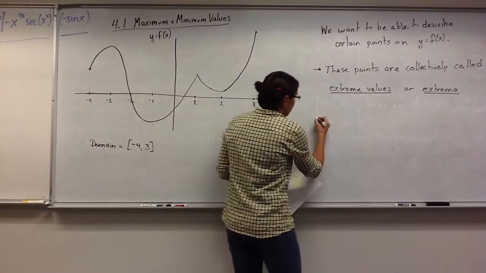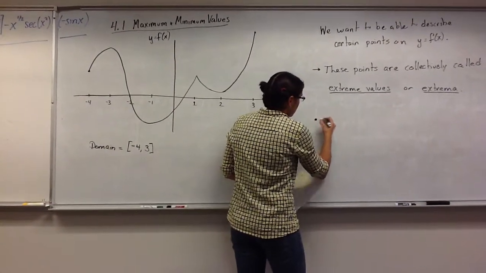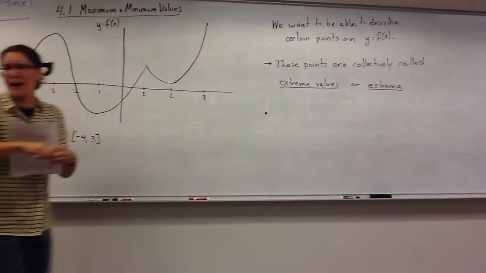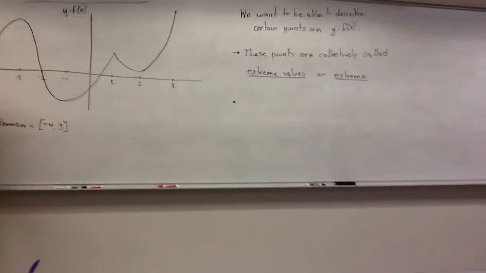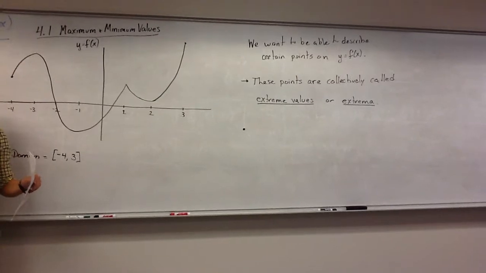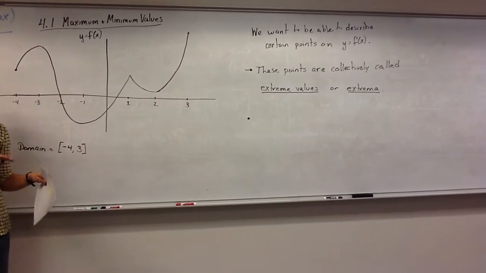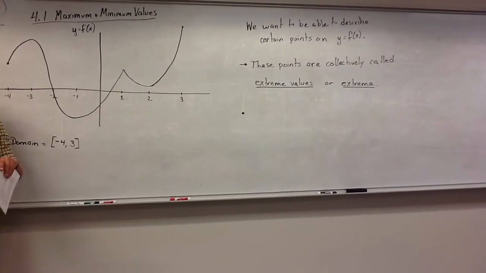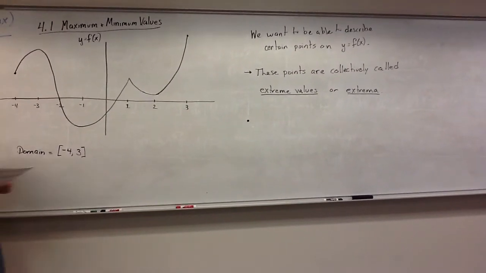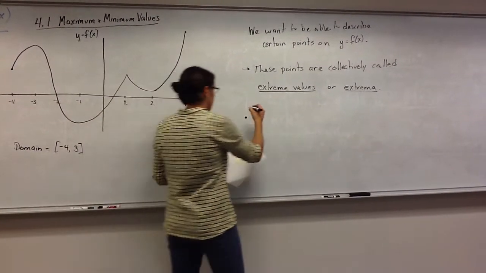So I'm going to give you a couple of definitions, and as you're writing them down, I want you to think about how these definitions are the same with each other and how they differ from each other. Because these definitions are going to sound somewhat similar, but they're all a little bit different. So here's our first definition.